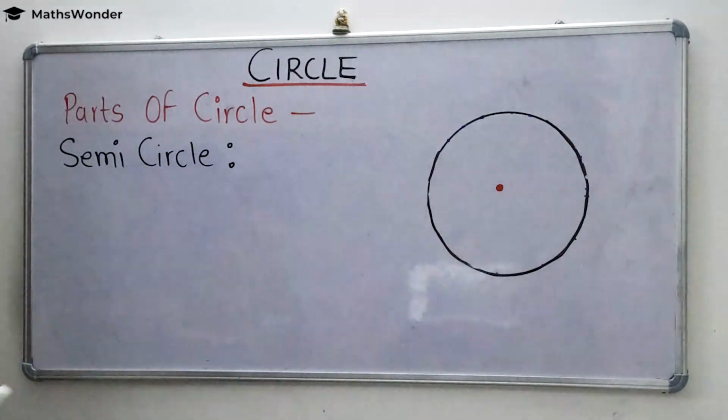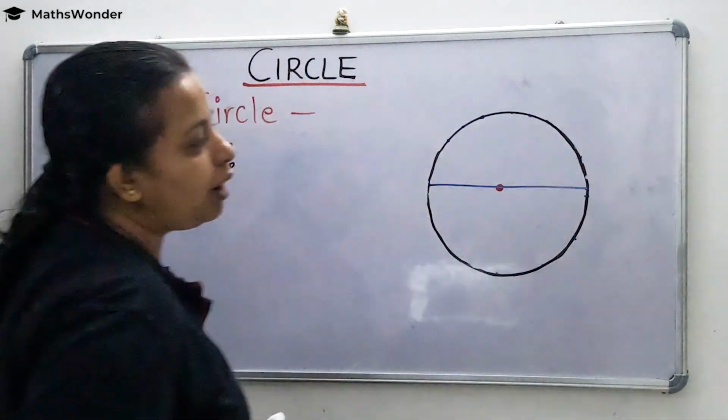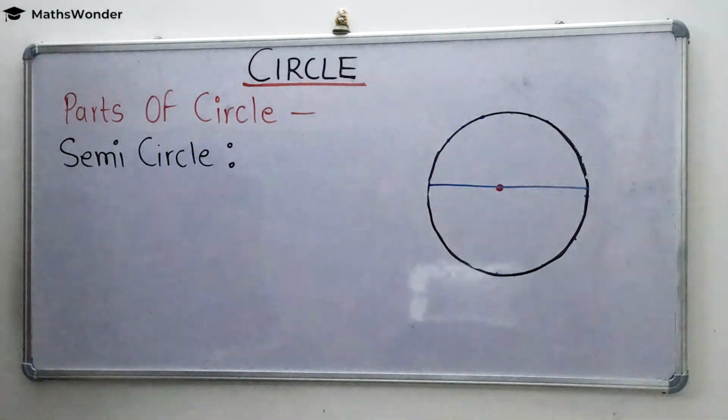Now the semicircle: a diameter divides the circle into 2 equal parts, each called a semicircle. When the diameter is drawn, it divides the circle into 2 semicircles.